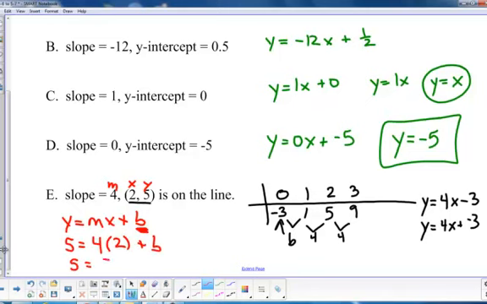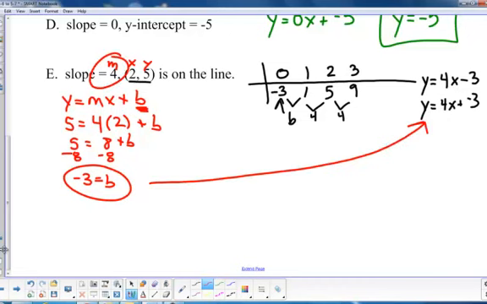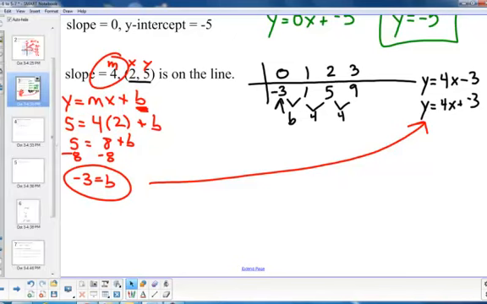So 5 equals 8 plus b, and then to solve for b, you would subtract 8. So now that we have our b and our m, we can write the exact same equation. Whichever way works for you is good. You're going to probably have to use this at some point, especially if you're working with some intense decimals.